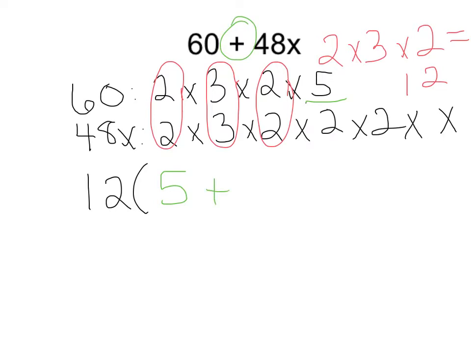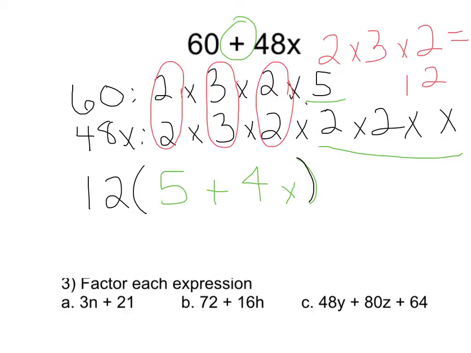Then we take whatever is left for the second number, which is 2 times x. So 2 times 2 is 4. 4 times x is 4x. So the reverse distributive property, or the algebraic factoring of this expression, is 12, open parentheses, 5 plus 4x, close parentheses.